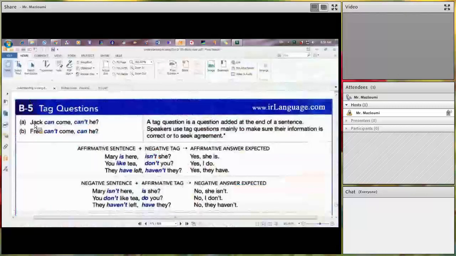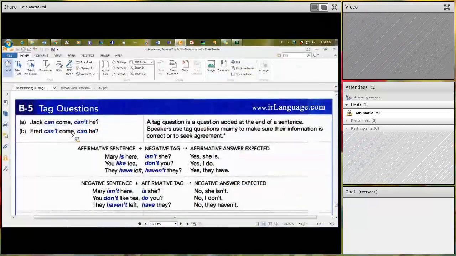The first one, Jack can come, can't he? Fred can't come, can he?